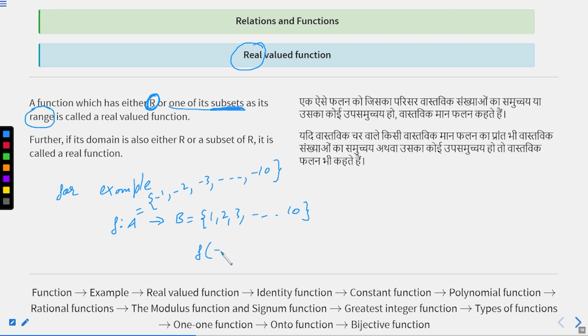Now -1 gives me 1, -2 gives me 2, and so on, -10 gives me 10.